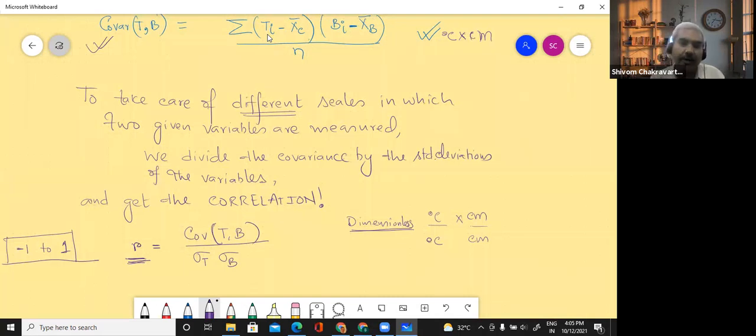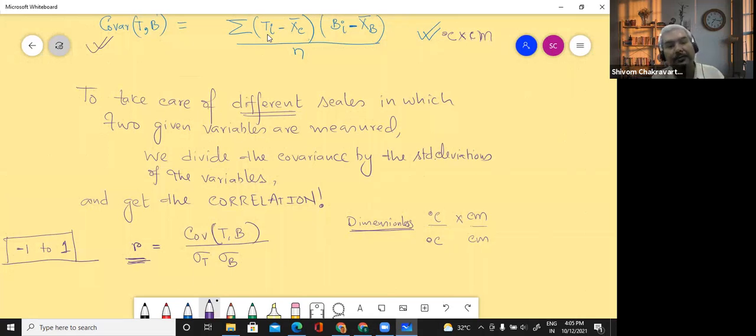Then all further processes are based on the correlation matrix. We almost forget about the original data. From the original data of different variables, we first calculate the correlation matrix. Then all the further processes in methods like factor analysis and other advanced methods, we work with the correlation matrix. That is how important the concept of correlation is.